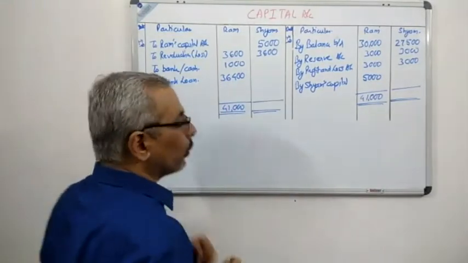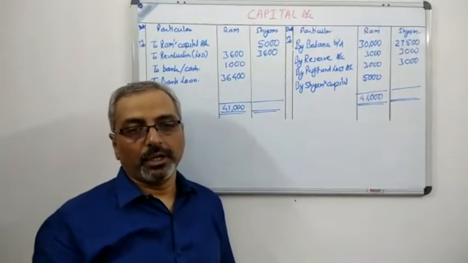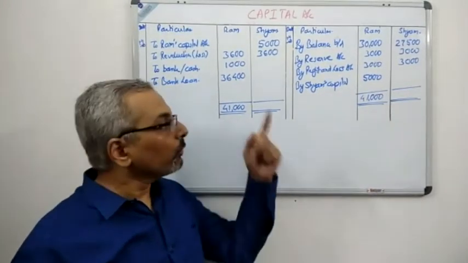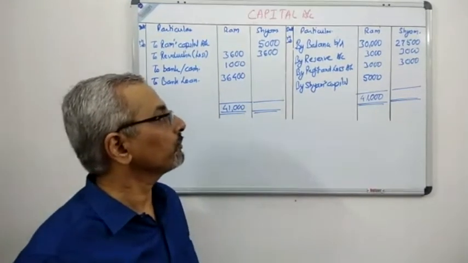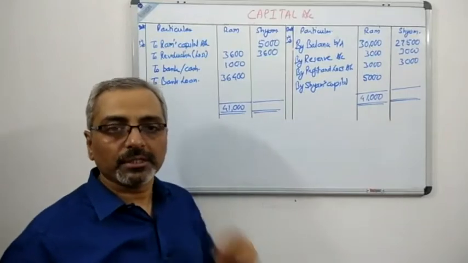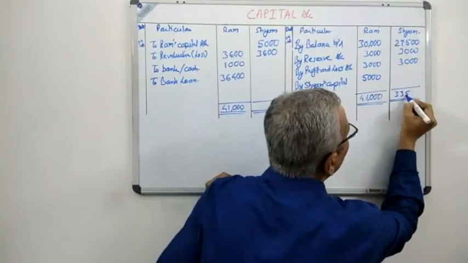So that is the loan. 36,400 is the loan which we have taken over here. Apart from that, we now go to Shyam and we'll add up Shyam, and we have 27,500 plus 3,000 plus 3,000, which gives us a total of 33,500.